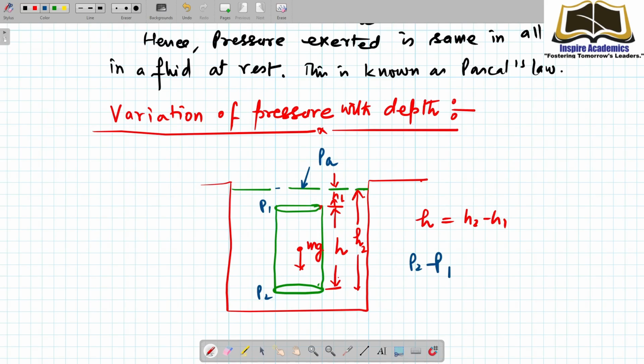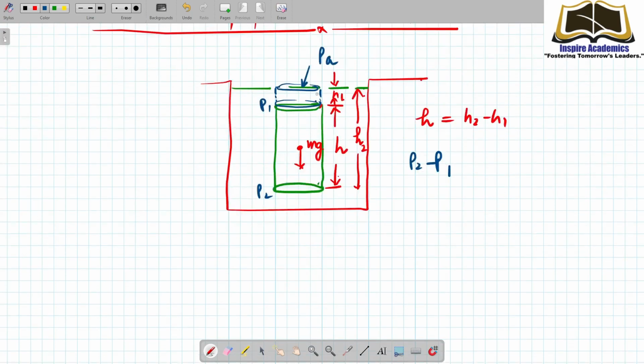And if we just imagine that there is a liquid column over here also, what will be the mass of this liquid column? So P1 would be basically PA plus, we are interested in knowing the entire volume. So volume will be what? Area multiplied by H1, that will be the volume, multiplied by rho, that is rho of the liquid. Remember, rho is the density of the liquid, and then overall mass nikal aaya, then multiplied by g.